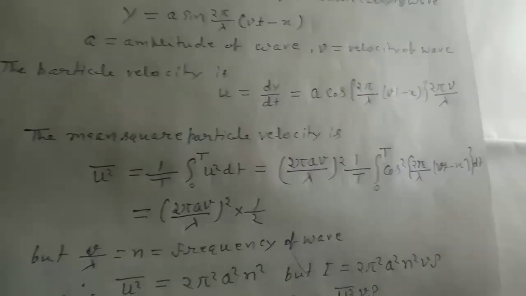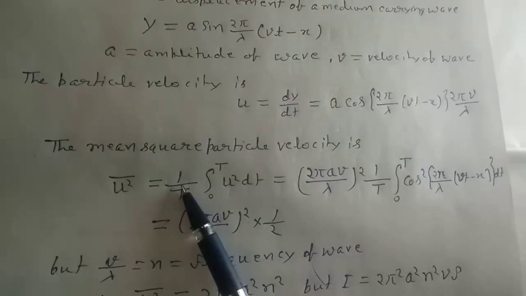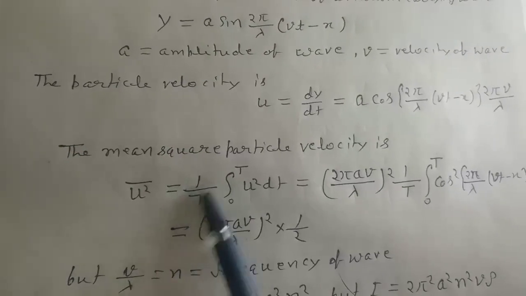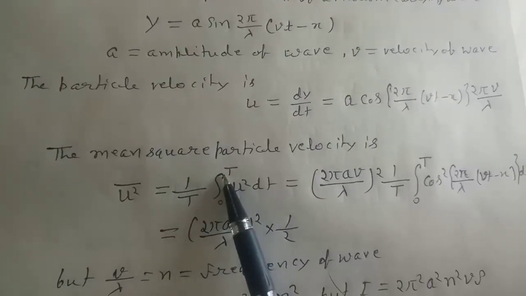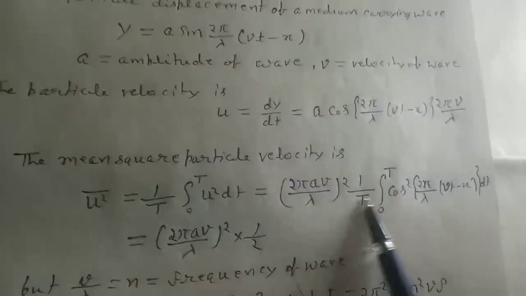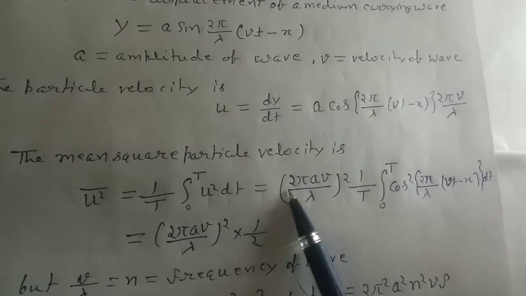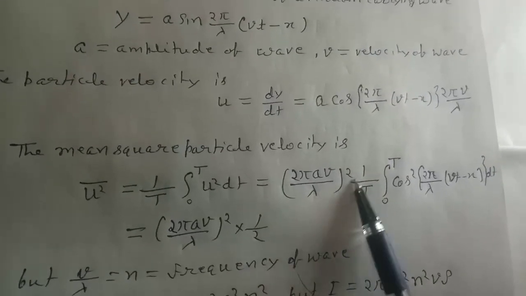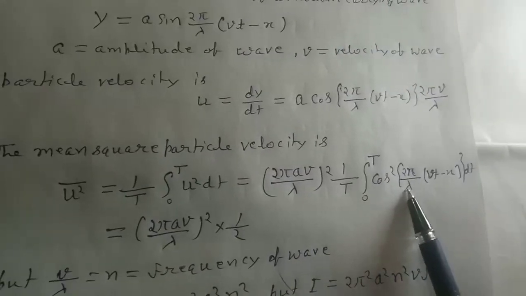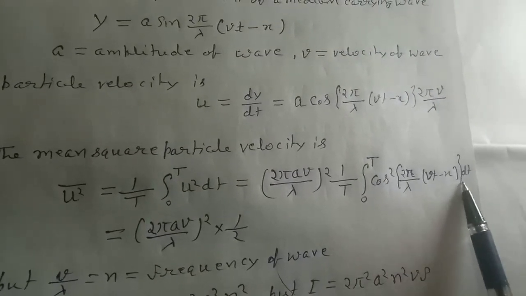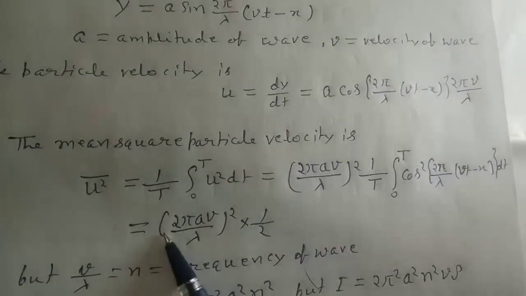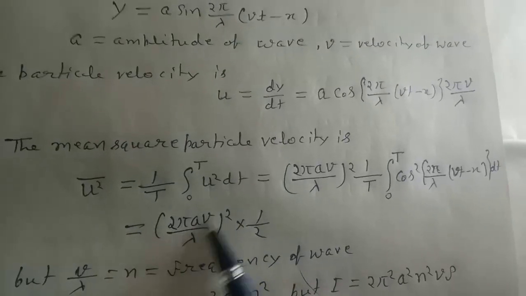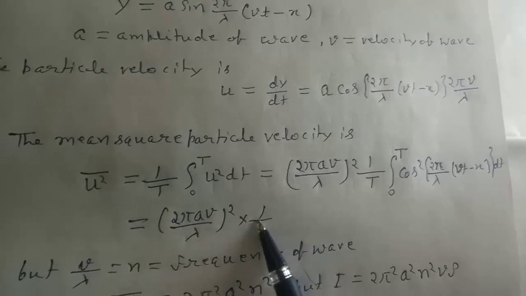So the mean square particle velocity is given by U² bar equals 1/T, where T is the total time period, integral 0 to T of u² dt, and putting the value you get (2πav/λ)² times 1/T integral 0 to T of cos²(2π/λ)(vt − x) dt, or equals a² (2πv/λ)² times 1/2.